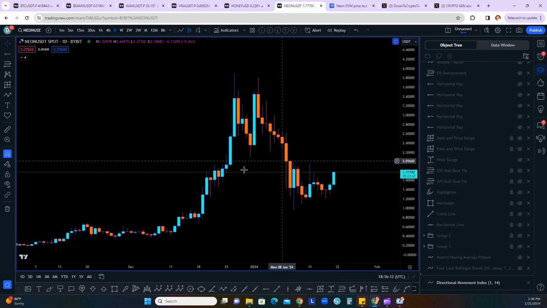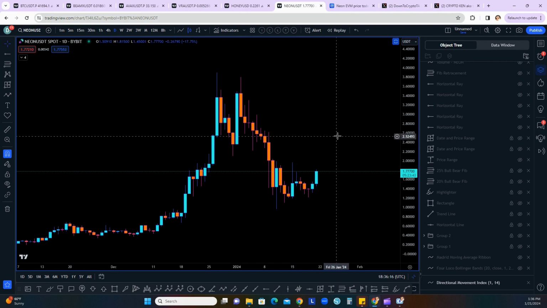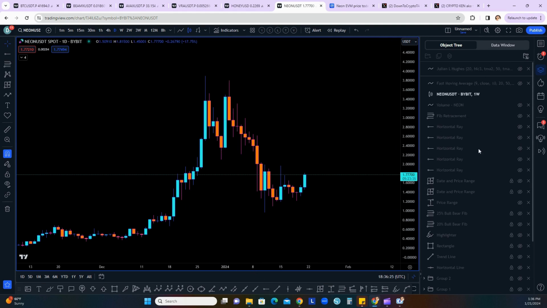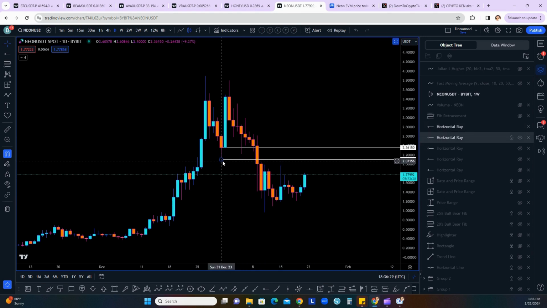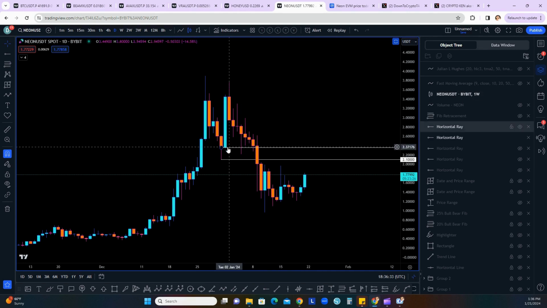Okay, so the next scenario is this is just a retest of this information breakdown, and you come back up to these pivots. So you have this one right here for rejection. That's $2.10, and then you have this one right here.